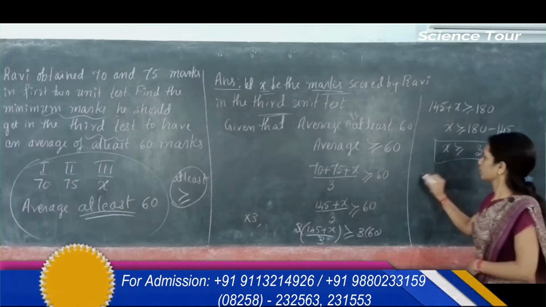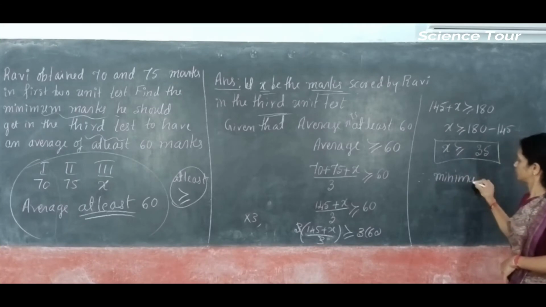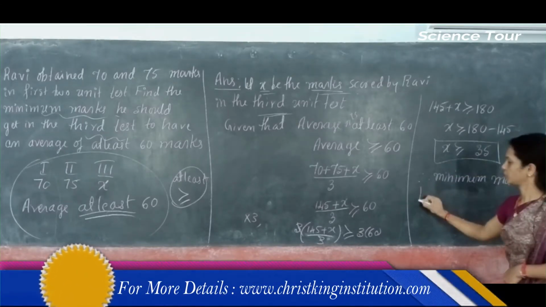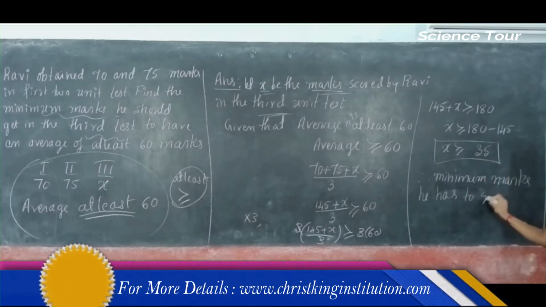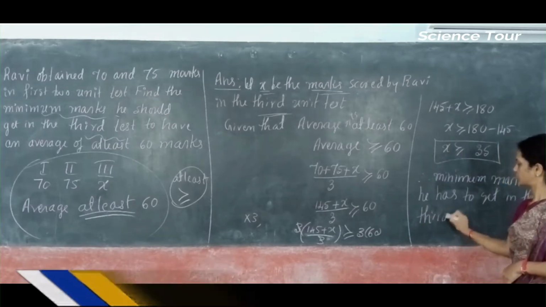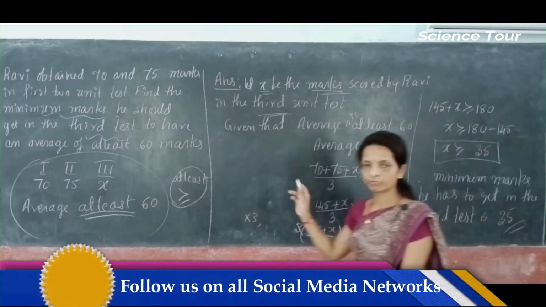So therefore the minimum marks Ravi has to get in the third test is 35. Okay. So that is the answer of this problem.